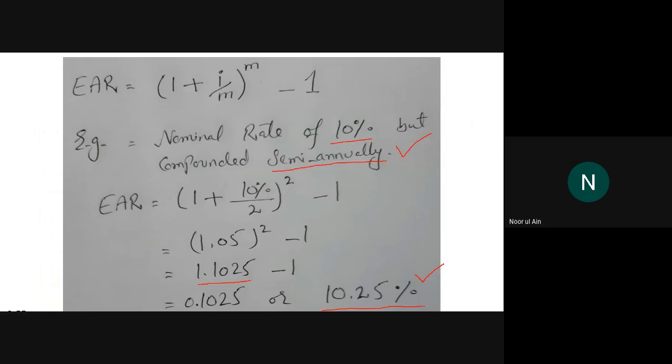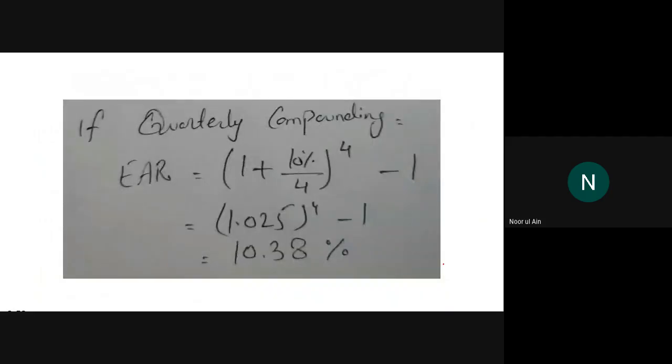Fine. So the same goes with quarterly compounding. I've given it as a reference. You can change the formula a bit by changing the value of m. If it's a quarterly compounding and the nominal rate is 10%, you'll use this calculation and you'll get the answer of 10.38%.